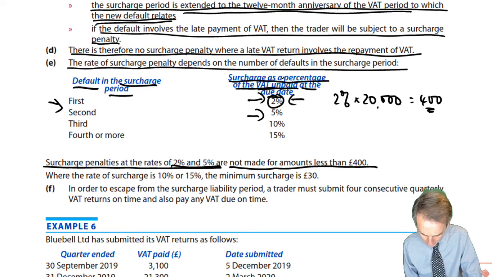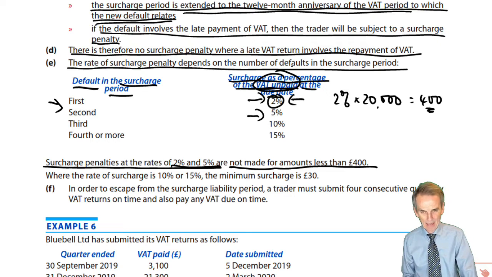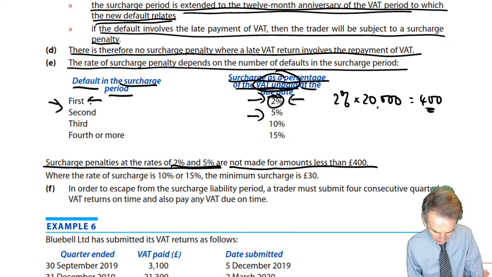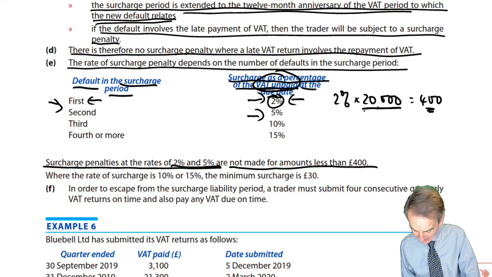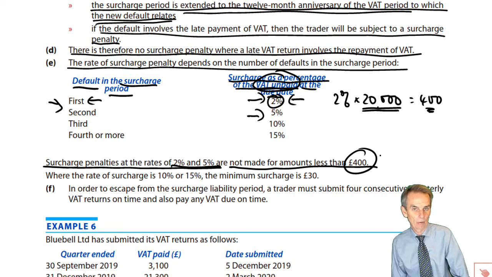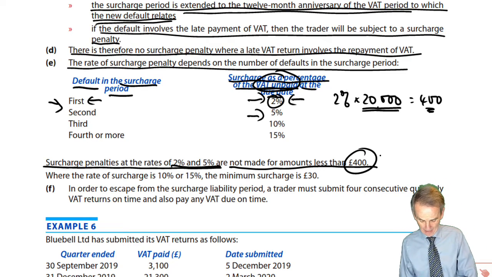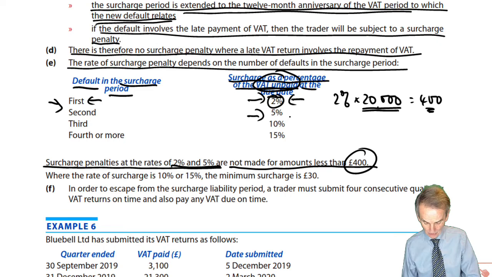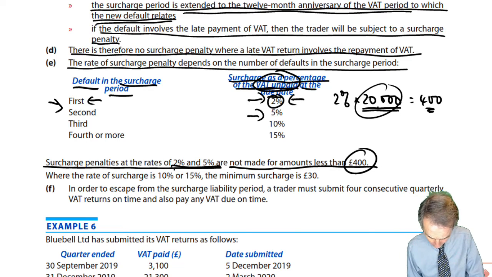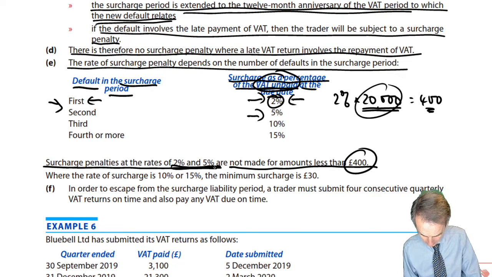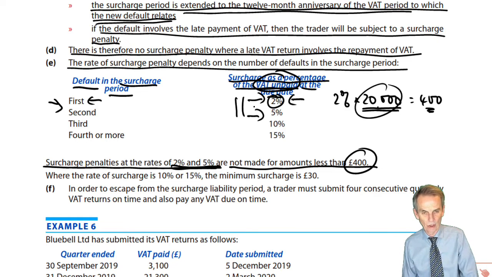So unless the VAT unpaid for that period is in excess of £20,000, this de minimis provision will apply, and we won't have to make that payment. Obviously, when the percentage goes up, the level of VAT we're talking about will be somewhat lower. That's only applicable for the 2% and 5% amounts, so only for those first 2 defaults.